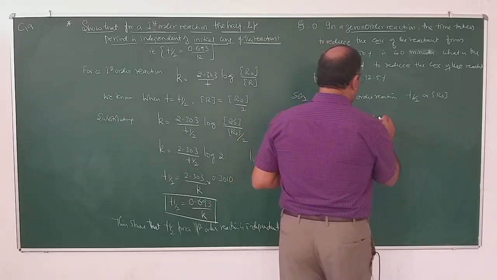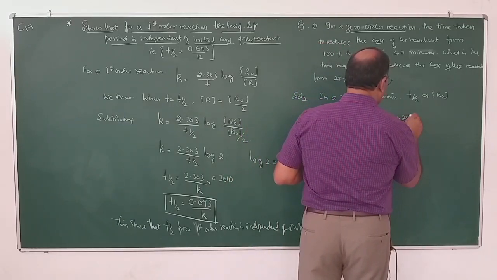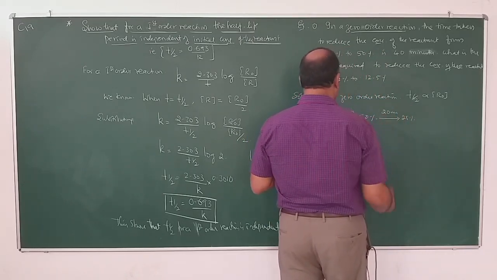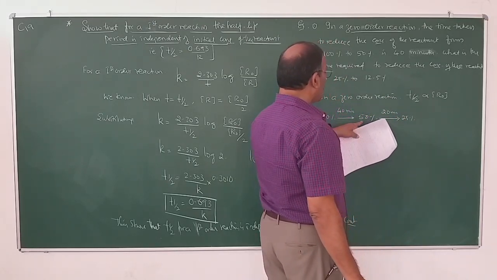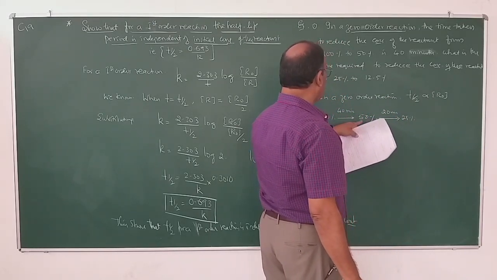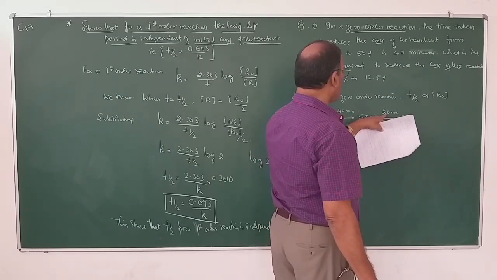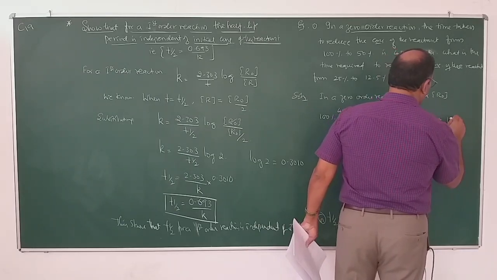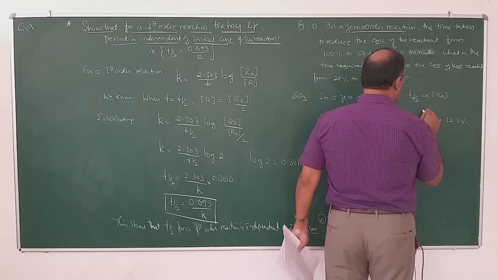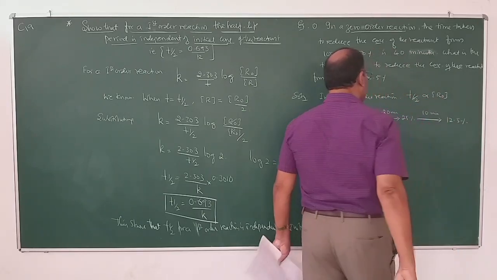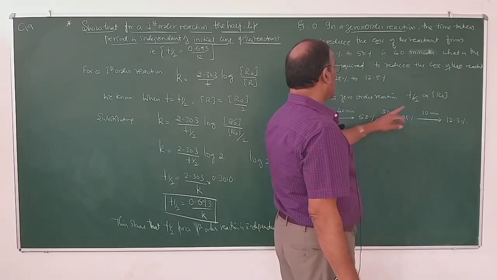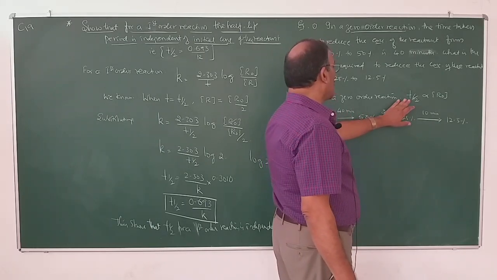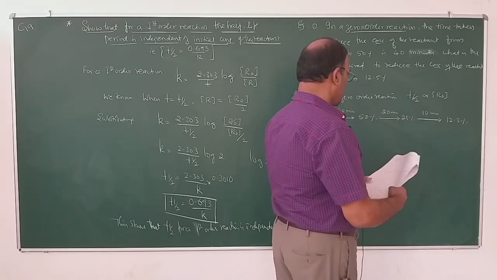Then 50% is converted into 25% in 20 minutes. If the concentration decreases, half-life period also decreases. 100 to 50, 40 minutes. 50 to 25, 20 minutes. Then 25% to 12.5%, it takes 10 minutes. So since half-life period is directly proportional to initial concentration, as the initial concentration decreases, half-life period also decreases.